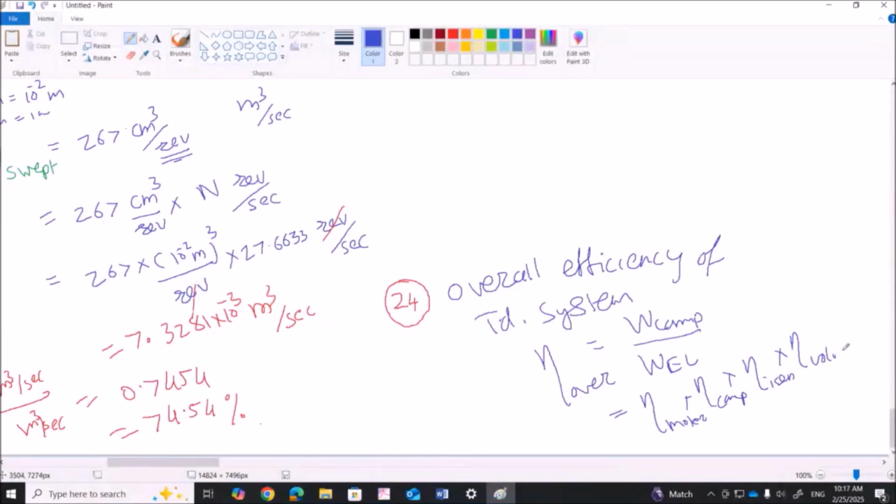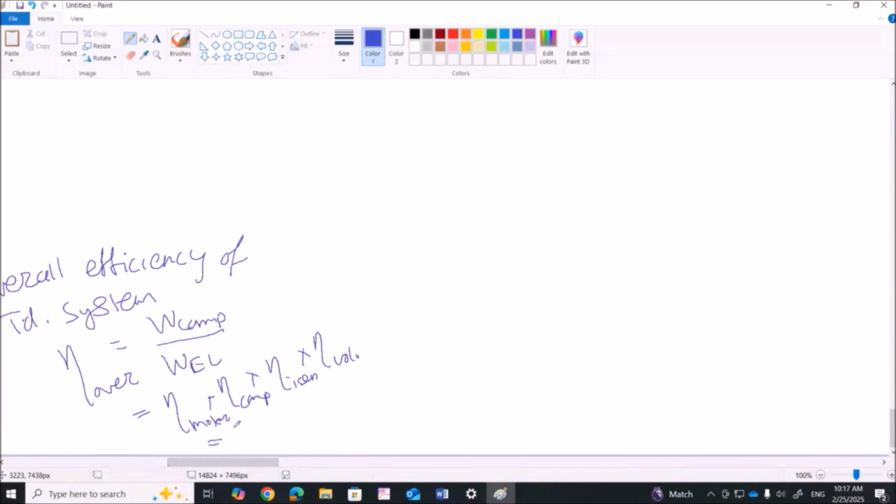So all efficiencies are multiplied together, and here we need to take the fractions. The efficiency of the electric motor is 0.4073. The efficiency of the compressor is 0.567683.